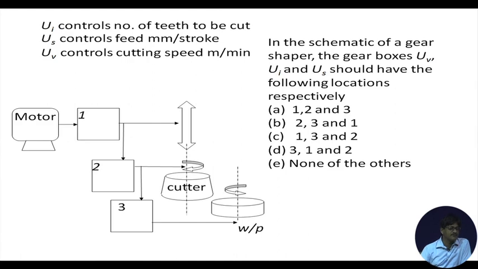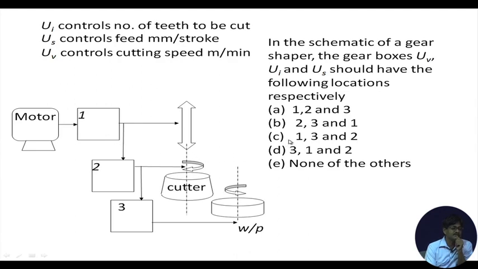So, first option is that 1 should be UV, 2 should be UI and 3 should be US. Second option, just a moment, yeah, UV should be 2, 3 should be UI and 1 should be US.